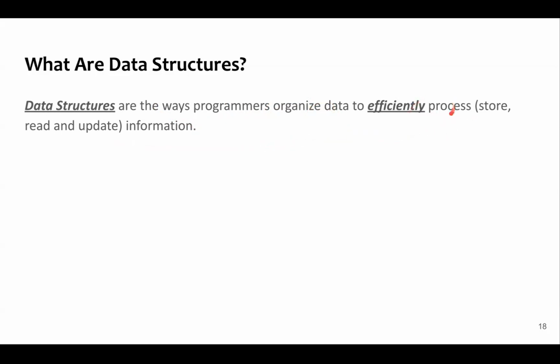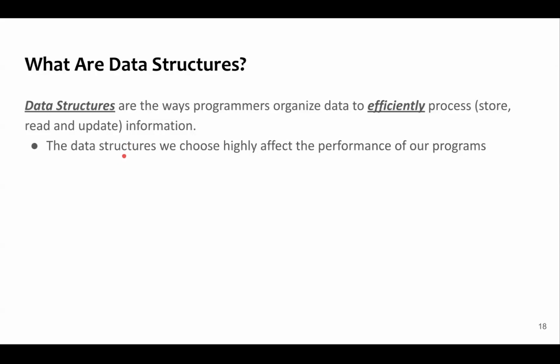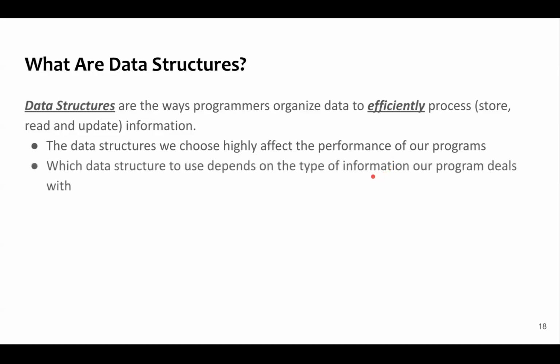Here, process means storing, reading, or updating data or information. Depending on how we organize our data, the efficiency varies dramatically, and the data structures we choose highly affect the performance of our programs. Which data structure to use depends on the type of information our program deals with.